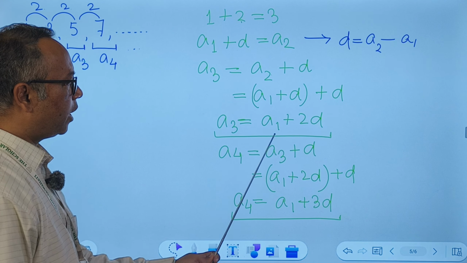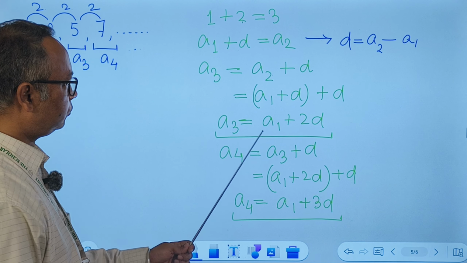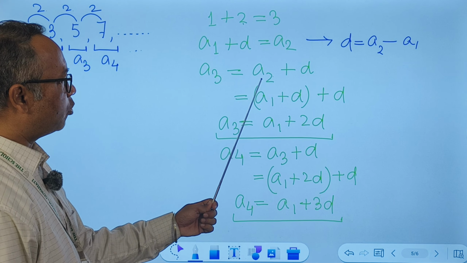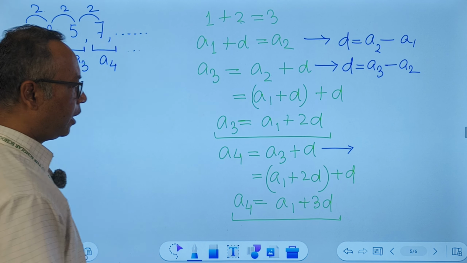Similarly, D is A3 minus A2. Even from here also, how to get D?